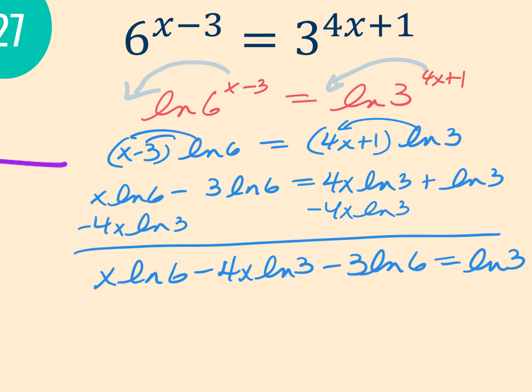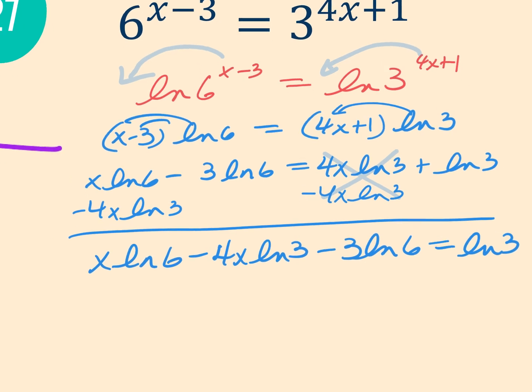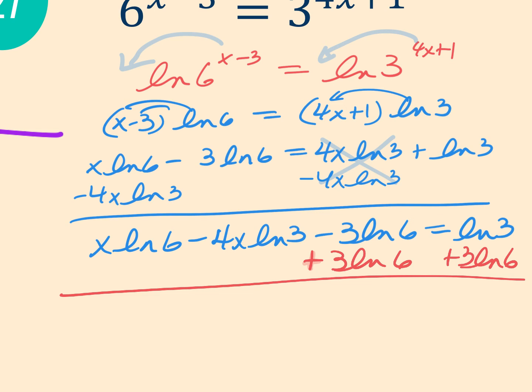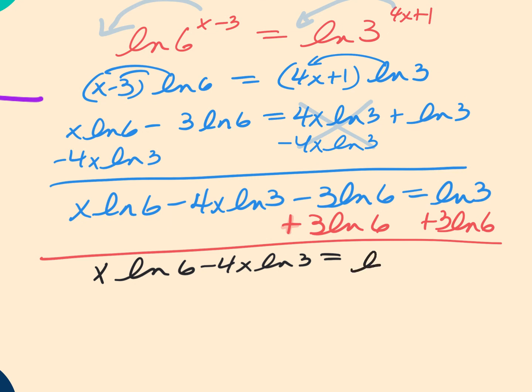All I did so far was move this to the other side. Now I need to move the 3 ln 6 to the other side, so I'm going to add 3 ln 6 to both sides. And now I have x ln 6 minus 4x ln 3 equals ln 3 plus 3 ln 6.